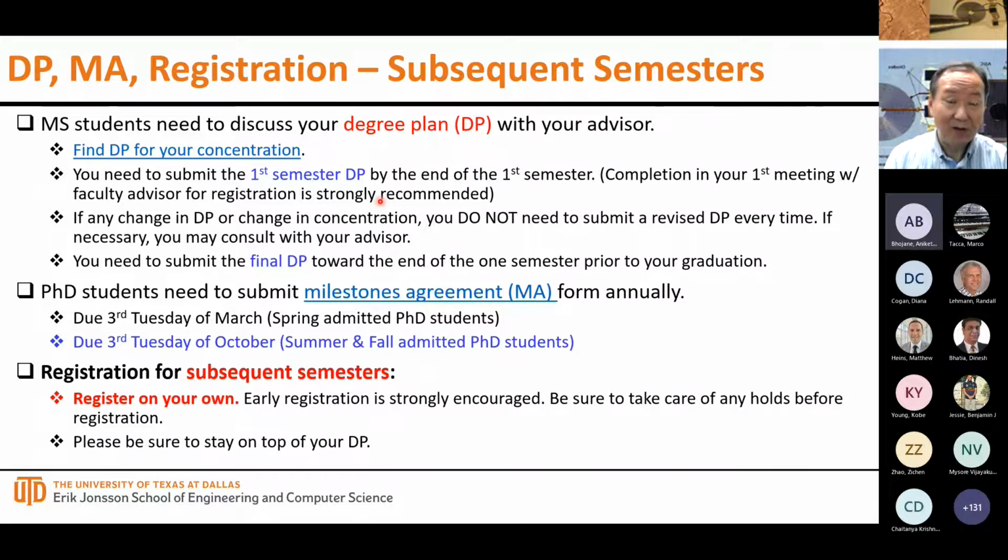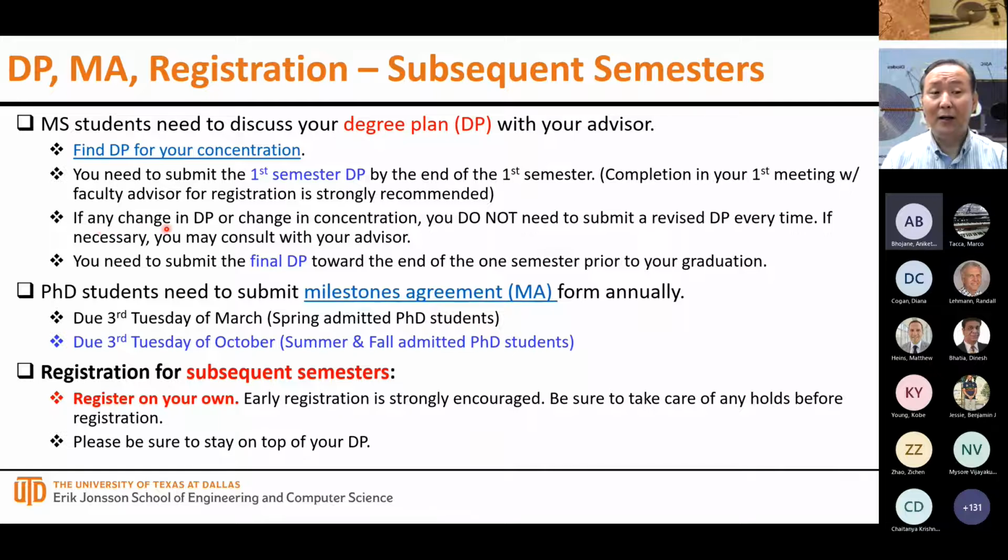When you meet with your faculty advisor, don't just bring the registration form. Please bring your degree plan as well and discuss it. If you could not do that, you must do this by the end of the first semester, but the sooner the better.